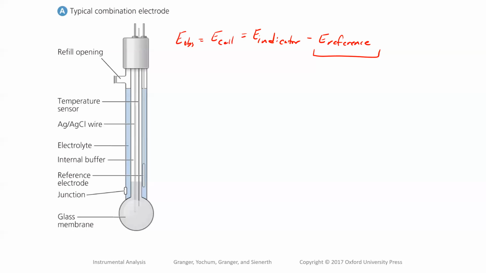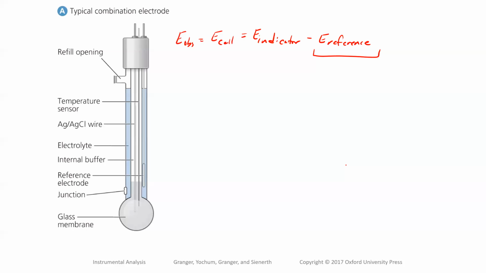Not only are you making hydrogen gas, which goes boom, but in order for it to be a standard hydrogen electrode, the pressure of that hydrogen gas has to be 1 atmosphere. The concentration of your acid has to remain at 1 molar as you run your experiment, which of course is going to react with some of that acid.